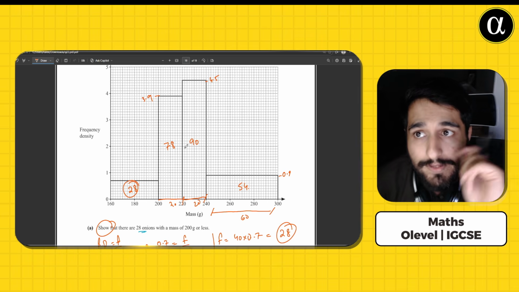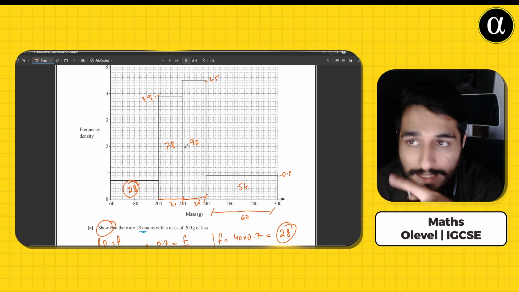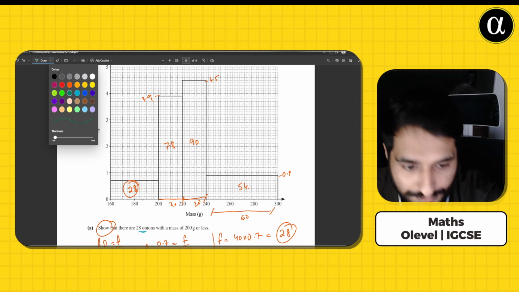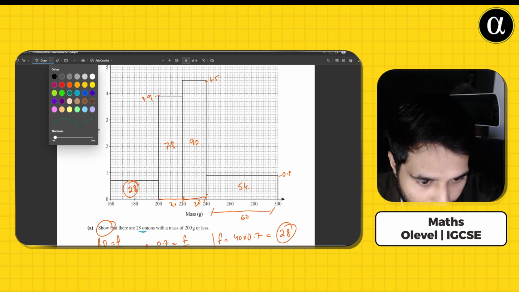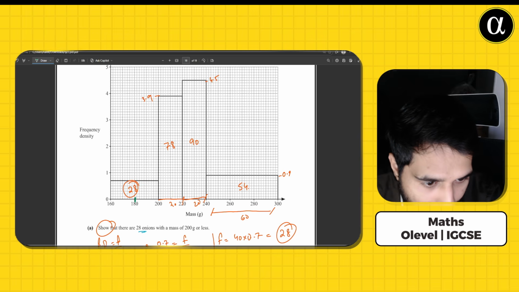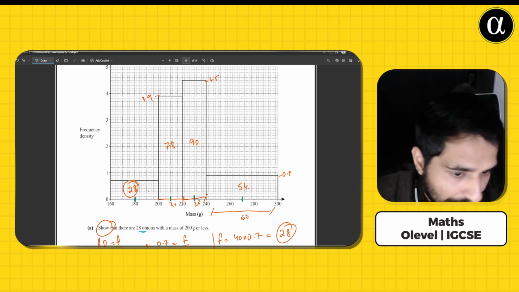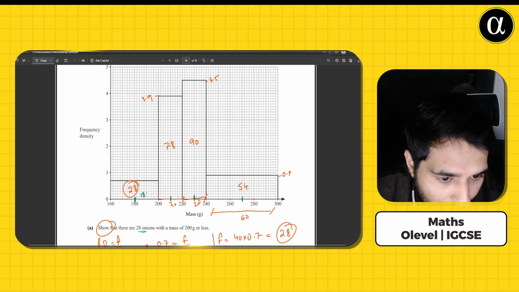We do have the frequencies now, but what is going to be the value for x? We need to understand that the value for x is basically the midpoint of each of these bars, which is going to be 180, then 210, then 230, and the last is going to be somewhere around here, which is 270.